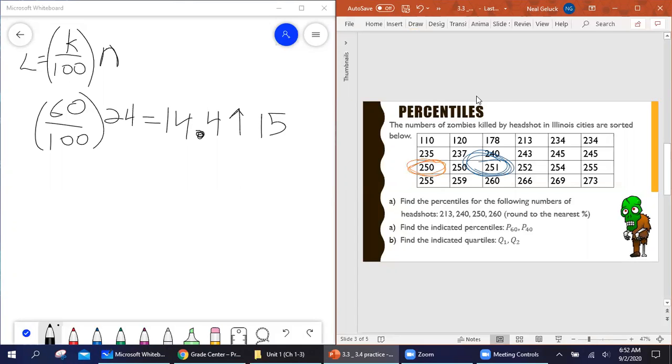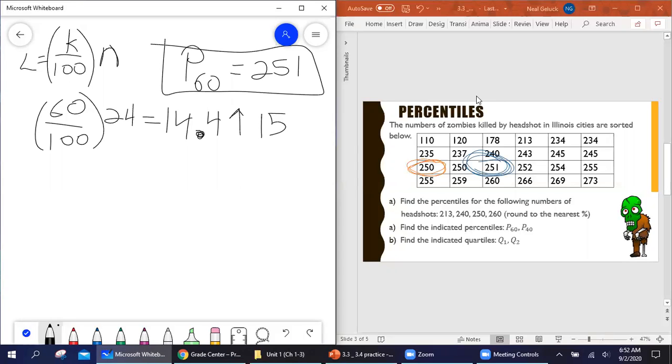That's the 15th value. So P60 is 251 headshots. And again, the logic behind this is at least 60% of the data is below 251.